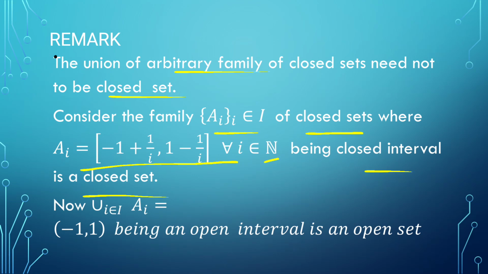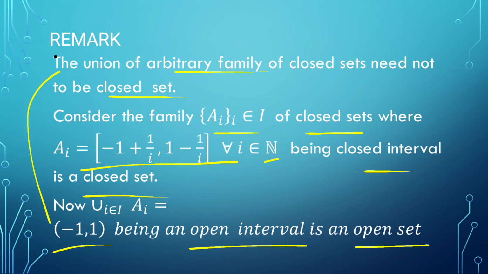Now if you take the union of the A_i, you'll find that it ranges from -1 to 1, and that is an open interval. An open interval is an open set, we know that. So you see that I've gone opposite to our expectations. That means the union is sometimes open, as per that remark.